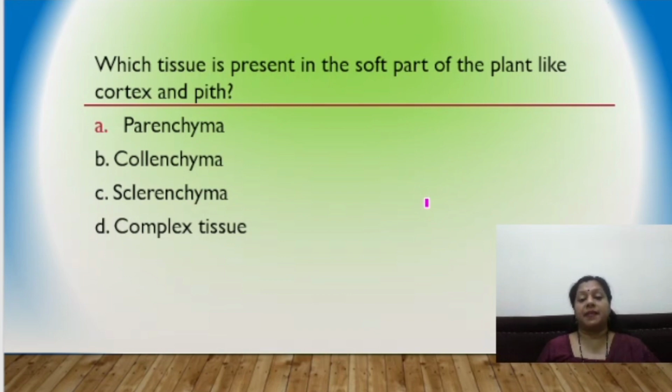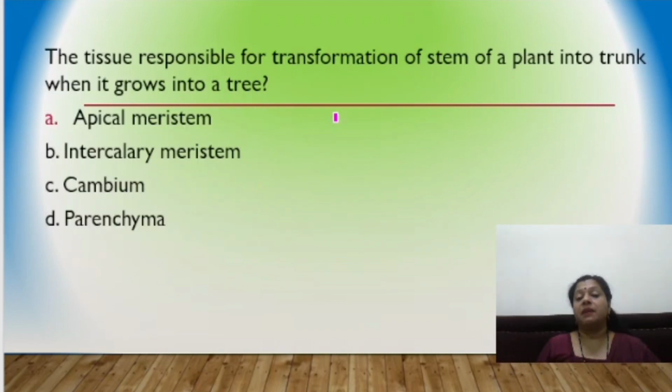Which tissue is present in the soft part of plants like cortex and pith? You know, cortex and pith are inside the plant, that is in the stem or root. So which tissue is present? Usually parenchyma is present in those parts. So the answer is parenchyma. A tissue responsible for transformation of the stem of a plant into a trunk when it grows into a tree.